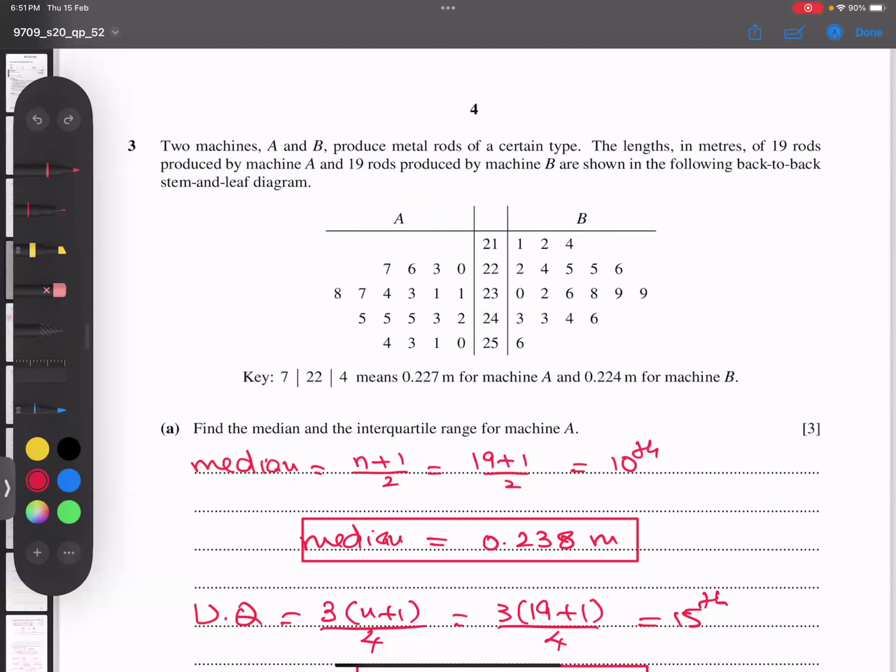Number 2, you can say here spread is less. Here spread is more. Spread is less means, for example, no value is here. We can see it is intentionally mentioned here. So the spread of machine A is less. You can say that less spread means more consistent.